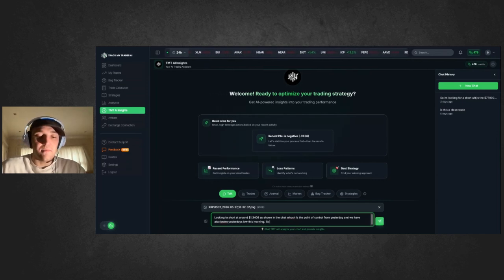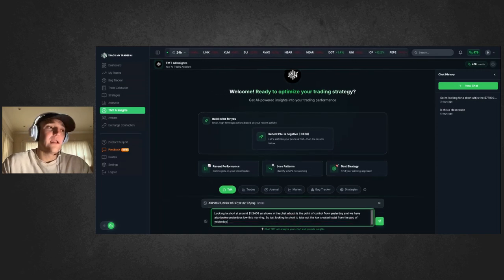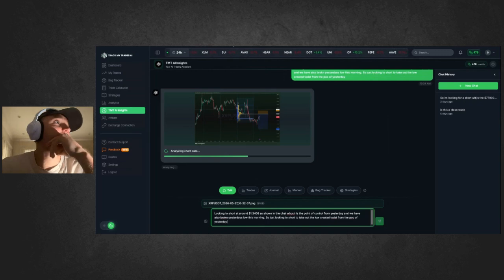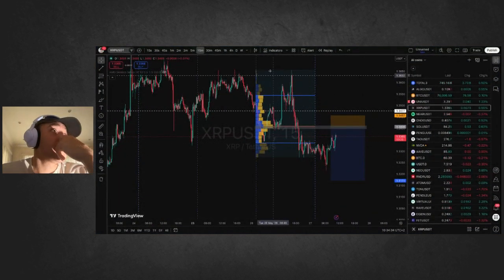So just looking to short to take out the low created today from the POC of yesterday. All right, so that's kind of the thought process. Definitely looking for a short for XRP at the zone.